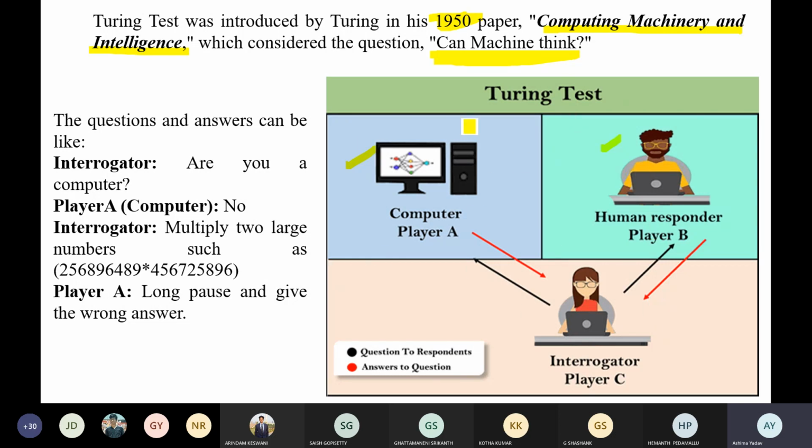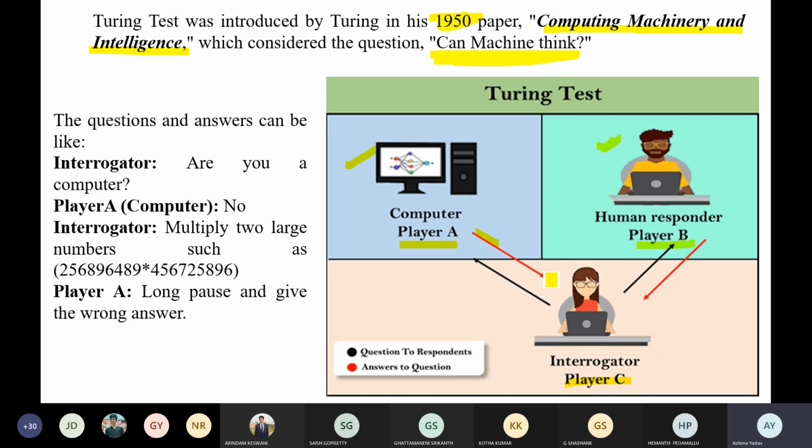In one room a computer is there, which we assume has artificial intelligence. In another room we have a human who will be responding. This is player A, this is player B, and in the third room we have player C, that is an interrogator. The interrogator asks the same question of player A and player B, and gets the answer from both players.